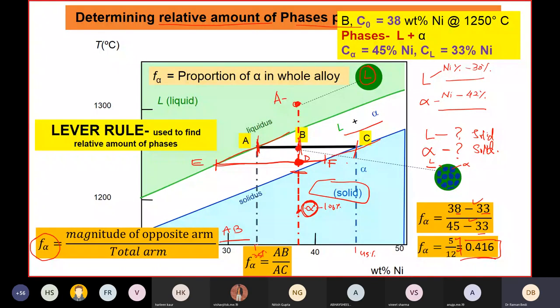So from liquid, you started with whole 100% liquid. Here it is, let us say, 41% of it is solid. At D, the liquid proportion will be further less and solid will be higher.